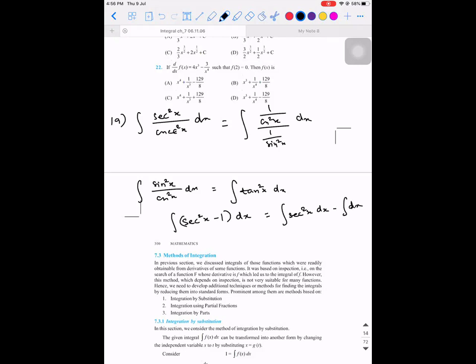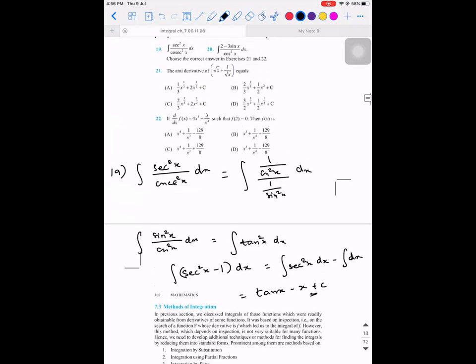So it will be integral of secant square x dx minus dx. Derivative of which function is secant square? Tan x. Minus x plus c. So this is an important problem. Whenever you see tan square x, this is a universal method to solve an integral: convert it as secant square x minus 1 and then proceed.